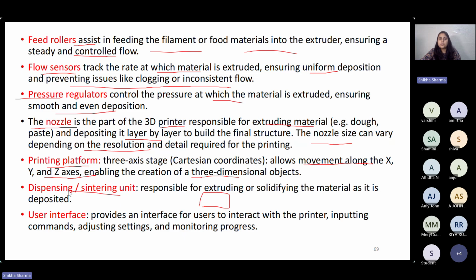Then the dispensing or sintering unit, which is responsible for extruding or solidifying the material as it is deposited. Then the user interface, which provides an interface for the user to interact with the printer, inputting commands, adjusting settings, and monitoring the progress.